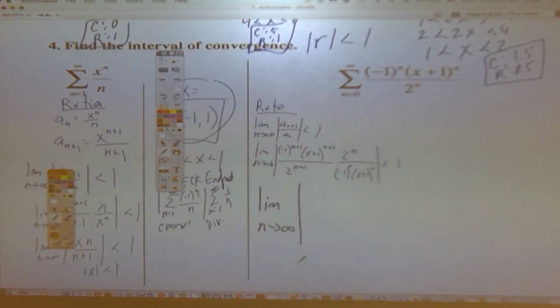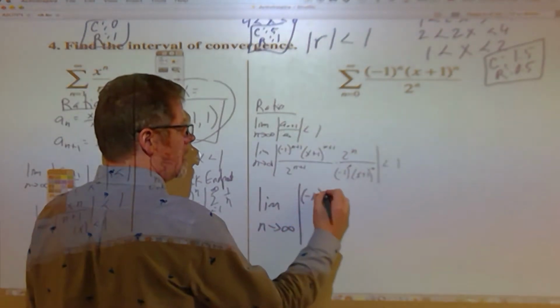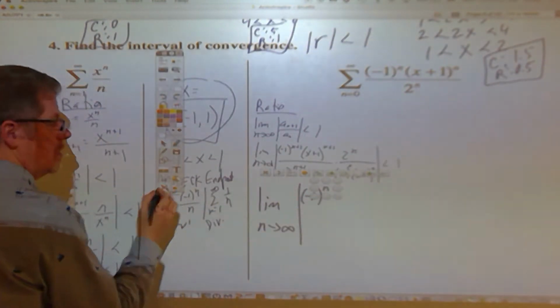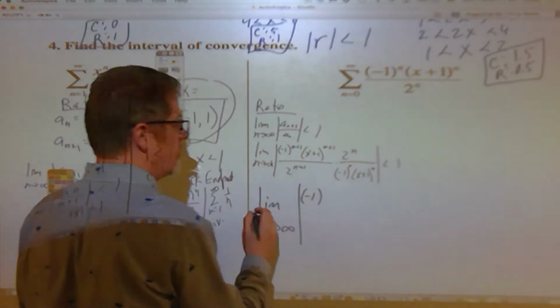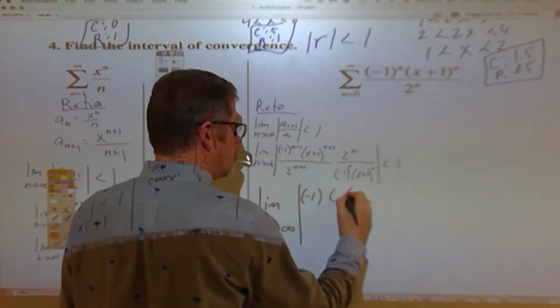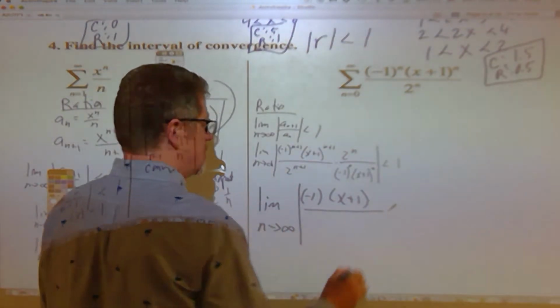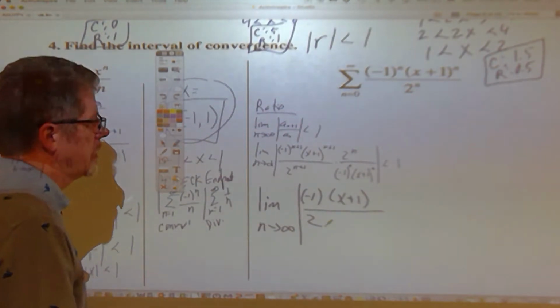Okay, just want to check in with you. As often happens, all the negative ones cancel except for one. That'll disappear. And the x plus 1 factor survives in the numerator. The denominator has a 2 down below.